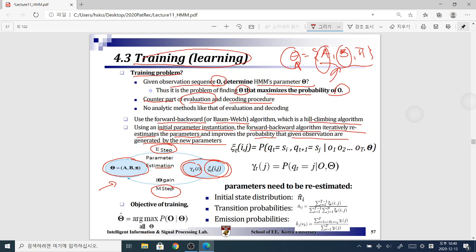So once again, the hill climbing algorithm is essentially for obtaining the model that maximizes this evaluation probability. We're going to go through each of these steps one by one.